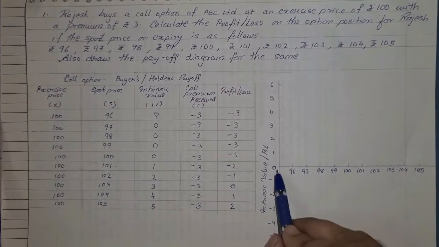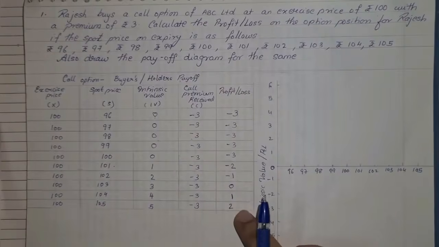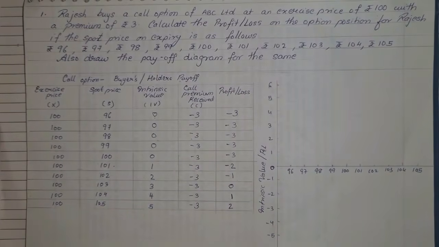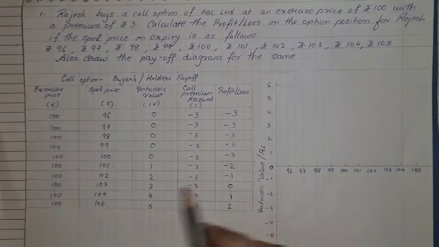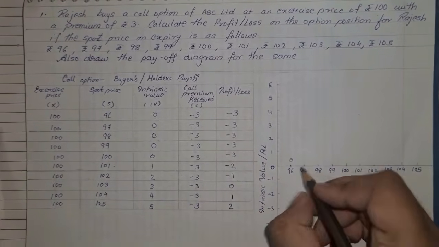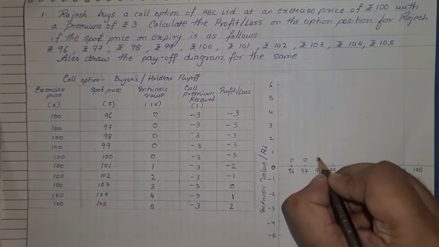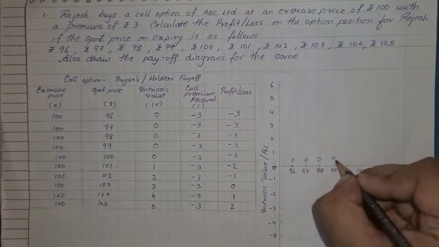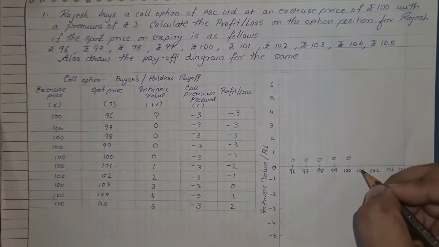First we'll mark down all your intrinsic values, and thereafter we will mark down the profit and loss values. At a price of 96, the intrinsic value was 0. At 97 also it was 0, at 98 0, at 99 0, at 100 also 0.